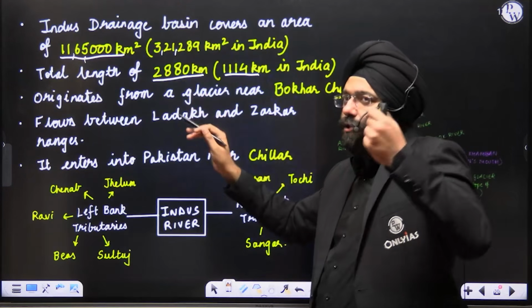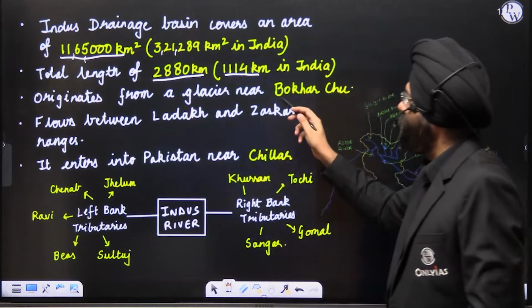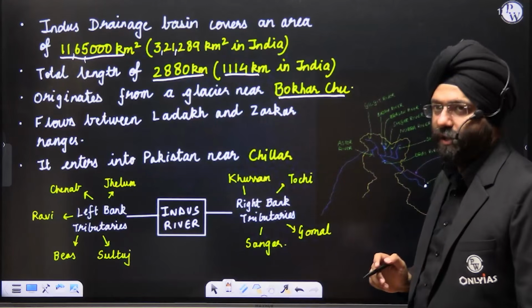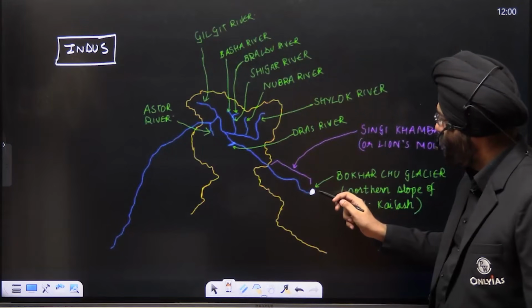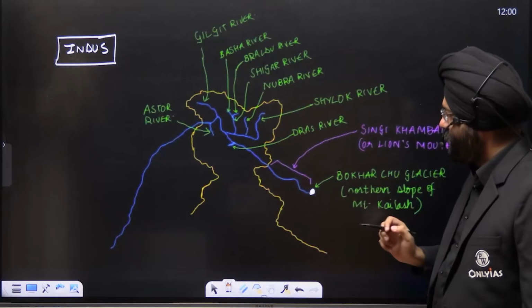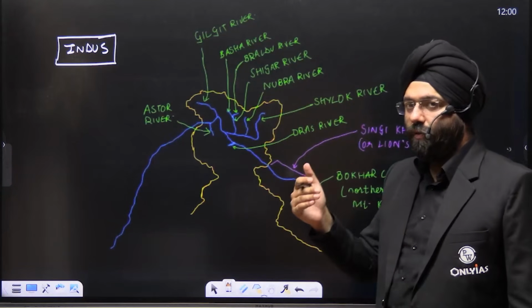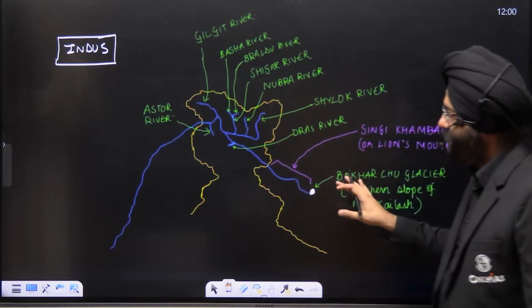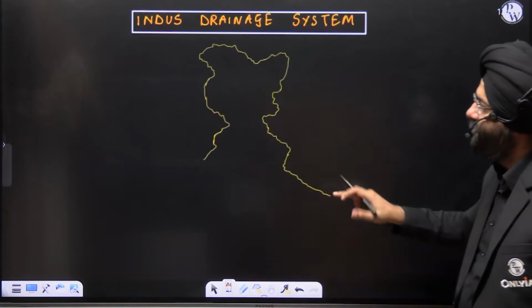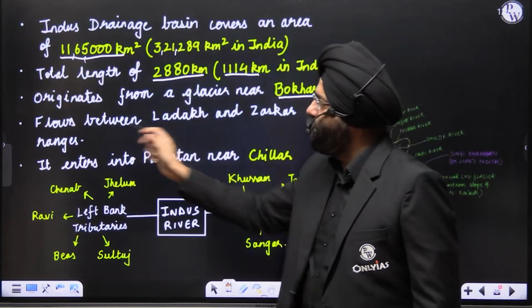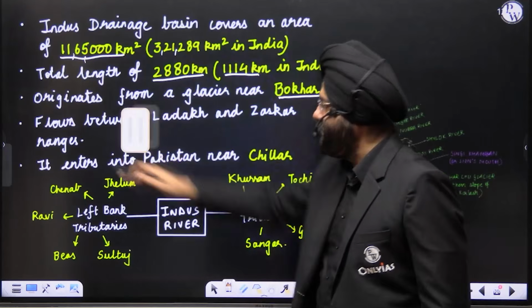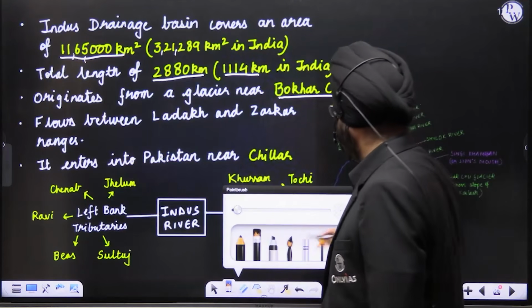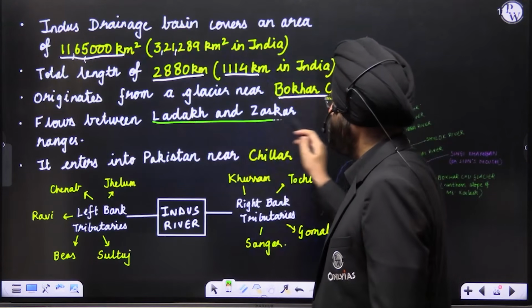Now, where is it originating? It is originating from the Bokharchu glacier. Now see here, Bokharchu is located on the northern slope of Mount Kailash, first of all. Now, the Bokharchu glacier flows between the Ladakh and the Zaskar range. Again, something very important from the perspective of your preliminary examination.